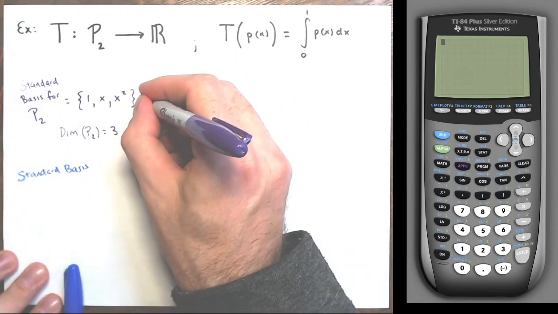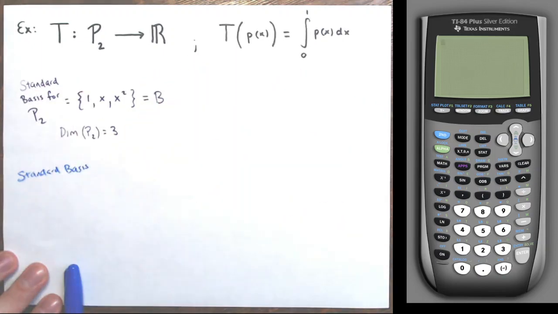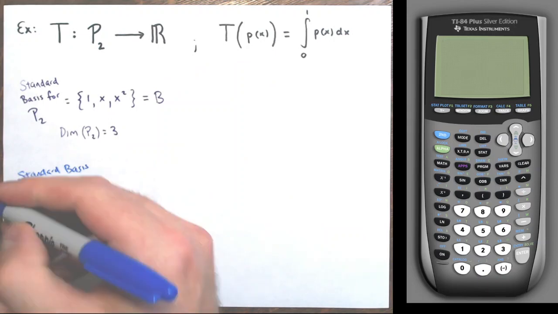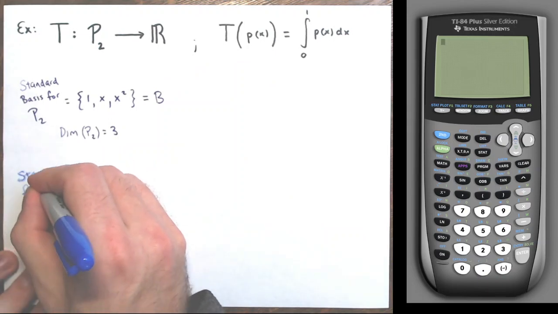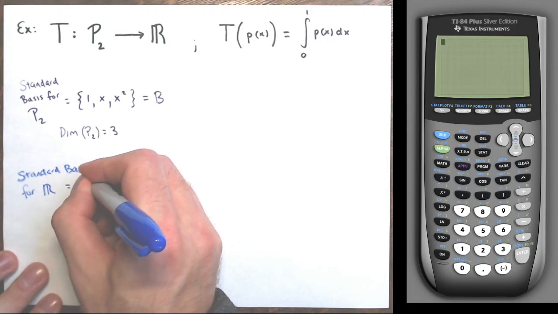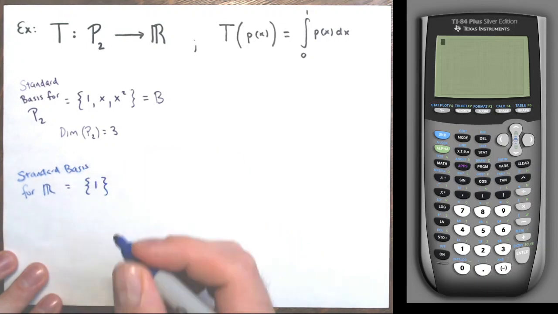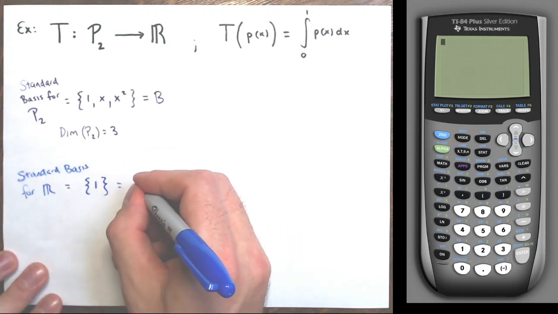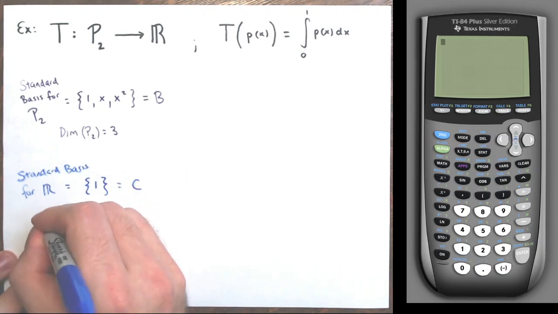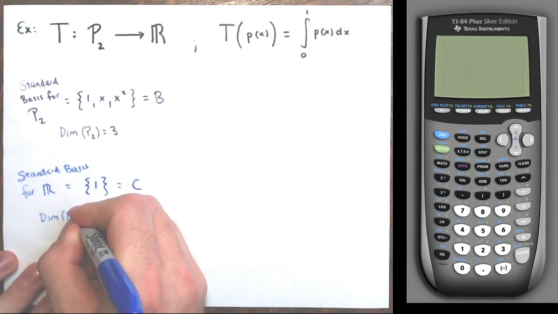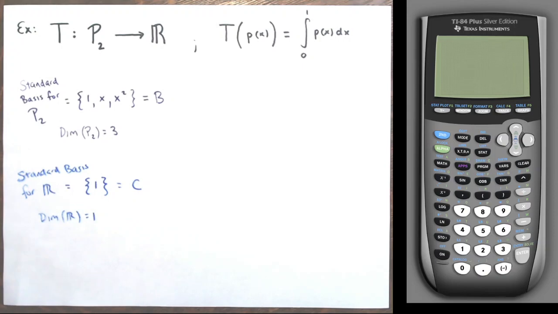I should call this B, the standard basis for the domain P2. Then the standard basis for the reals is just the set with the number 1. And I'll call this C. So the dimension of the reals is 1.